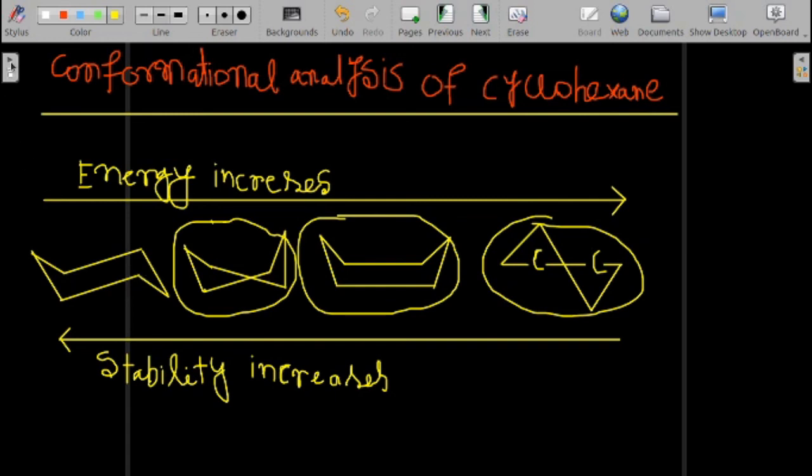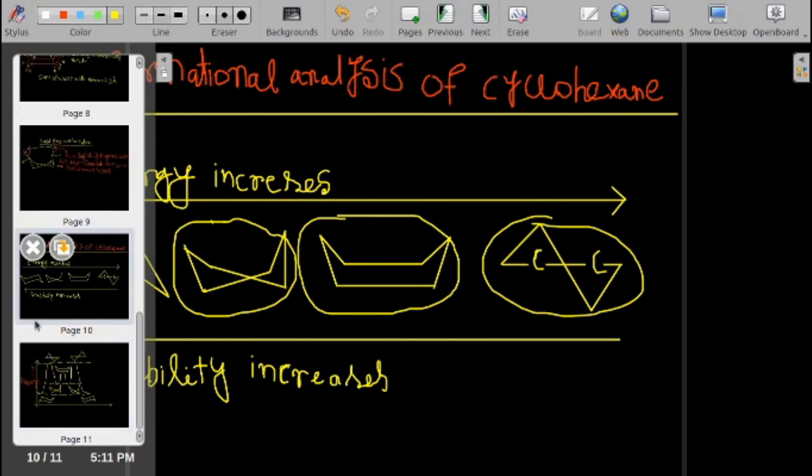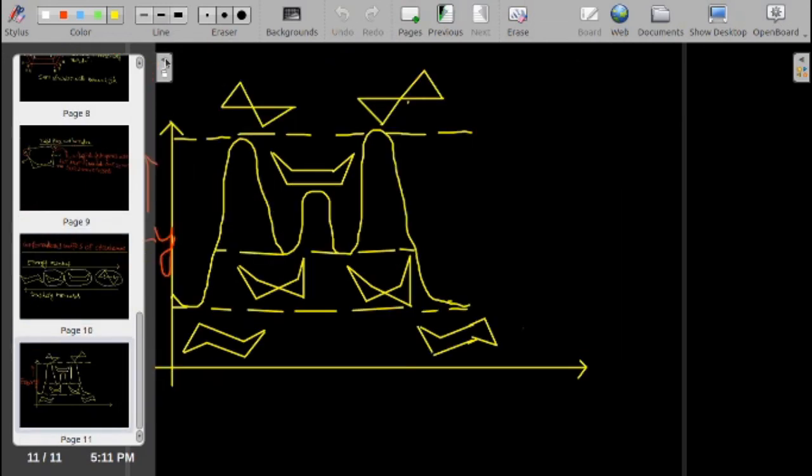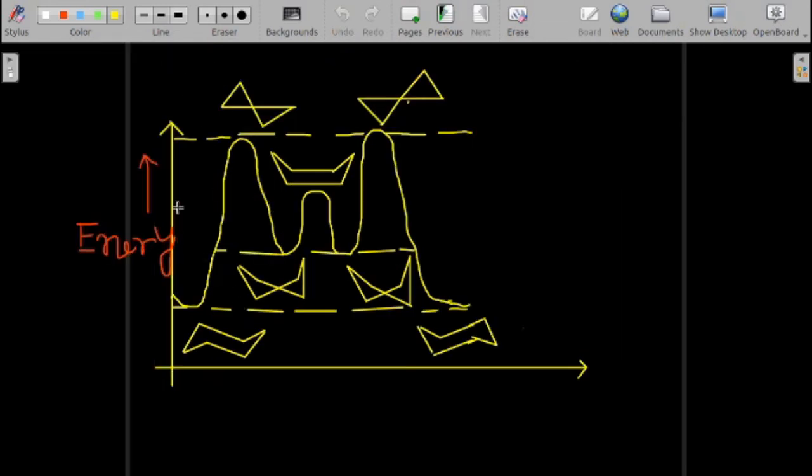Here you can see that if we plot the energy on the y-axis, we get the minimum energy in the chair conformation.